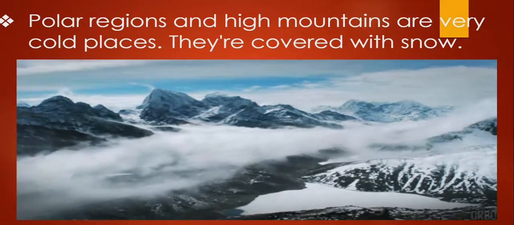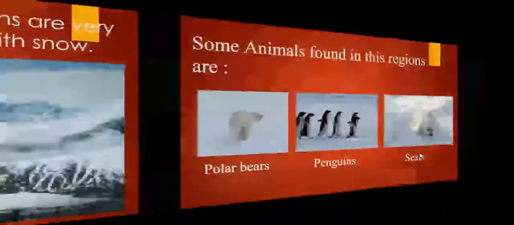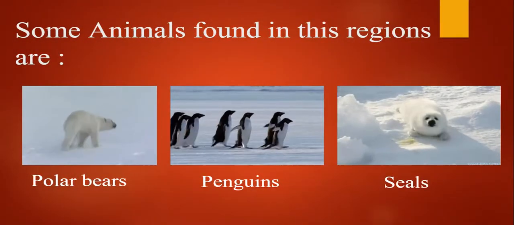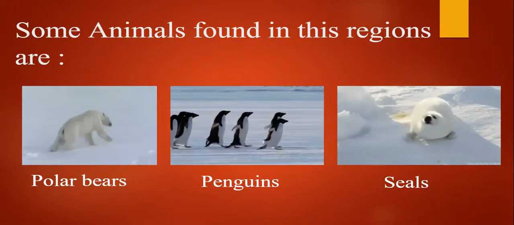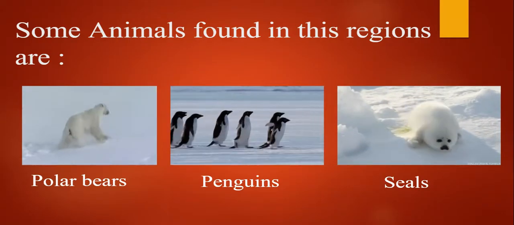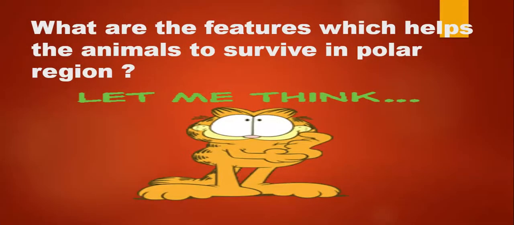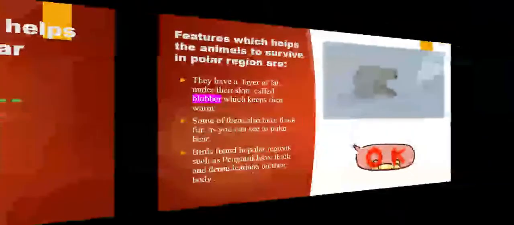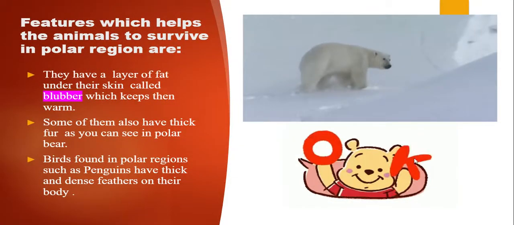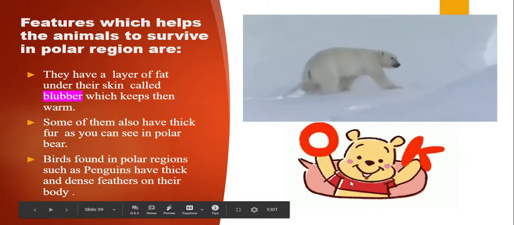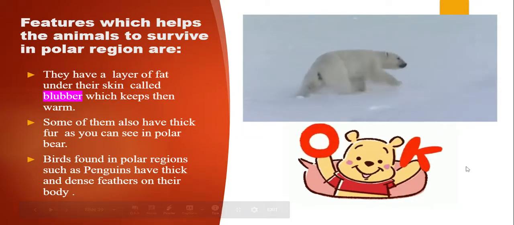Dear children, some animals found in polar regions are polar bears, penguins, seal, etc. Now the question arises, what are the features which help these animals to survive in polar regions? So you are thinking, okay, I will explain you about the features which help these animals to survive in polar regions.